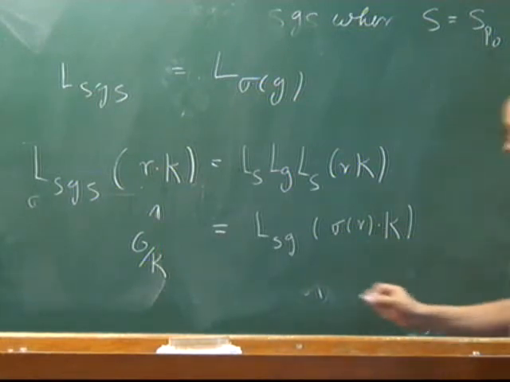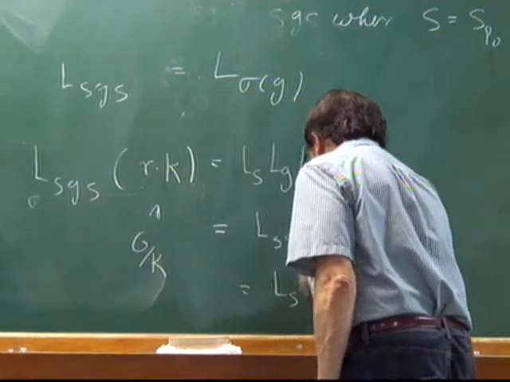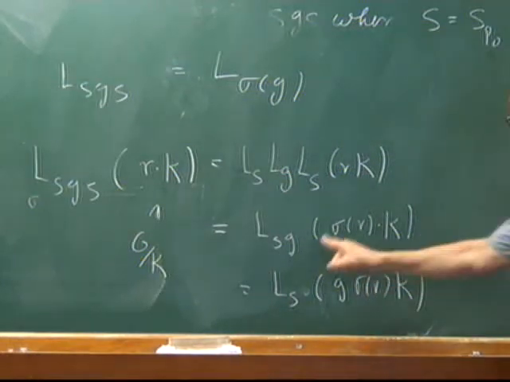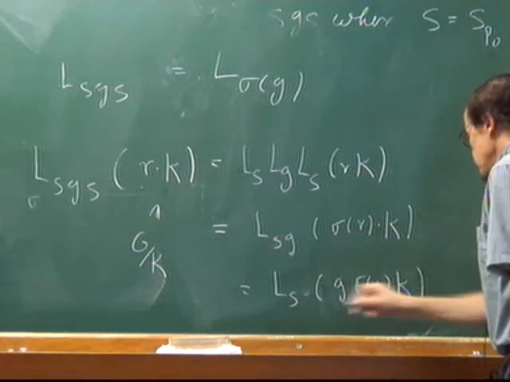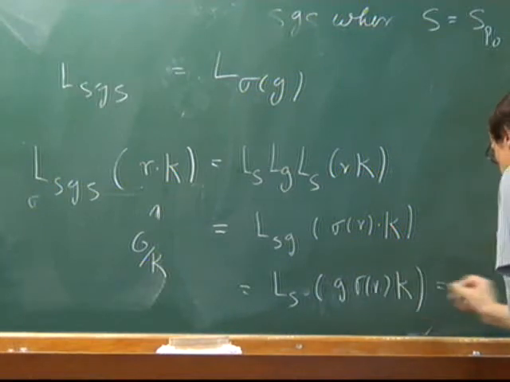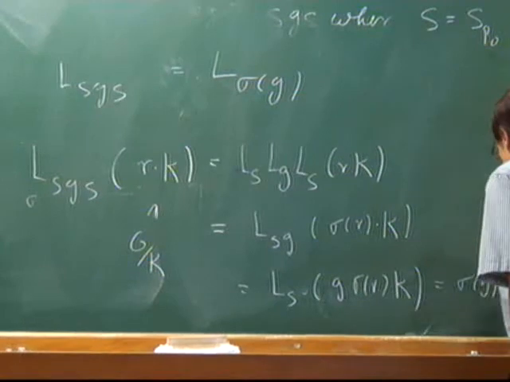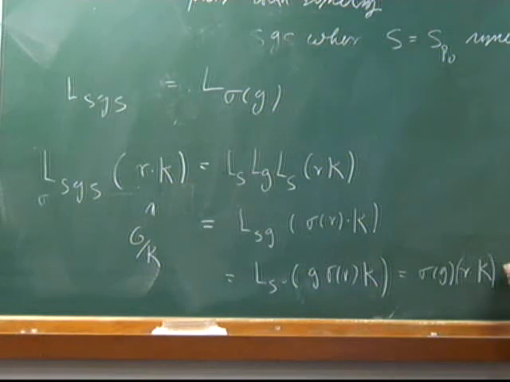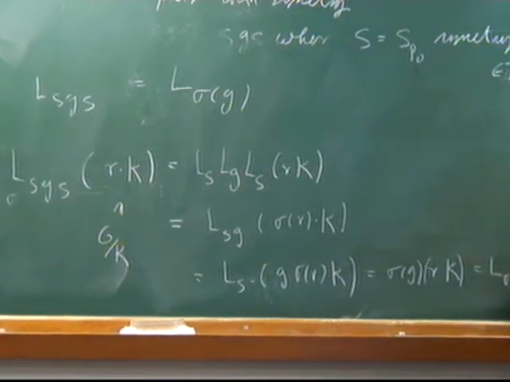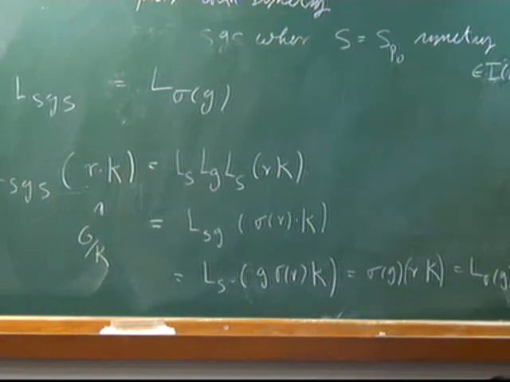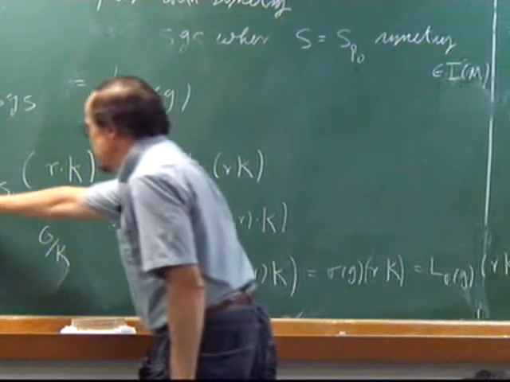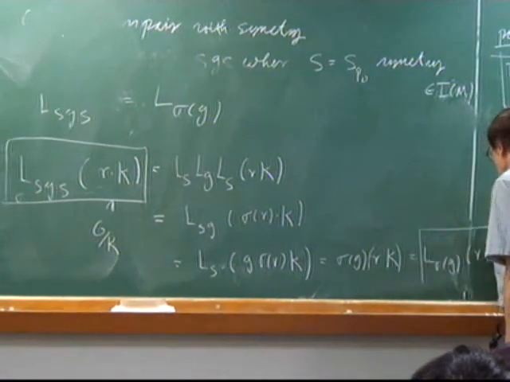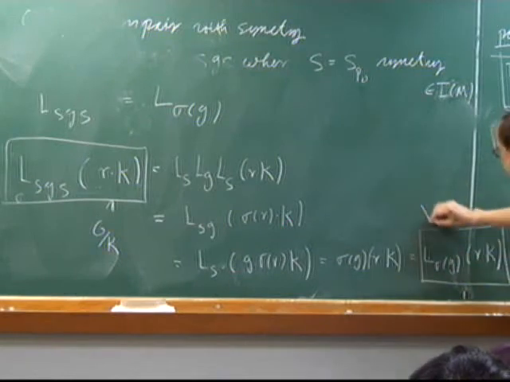So here I can write a sigma. So then this is equal to left translation by s applied to g sigma(r)K. This is my symmetry, but that's the same thing as sigma. So it's sigma of g, sigma squared is identity, times rK. So in this sense, this is left translation by sigma of g applied to rK. So indeed, this L_sgs acting on the manifold at rK is the same thing as L_sigma(g) applied to rK, and this implies they're the same.